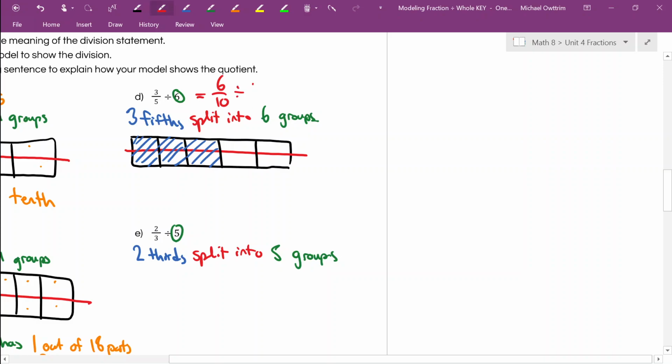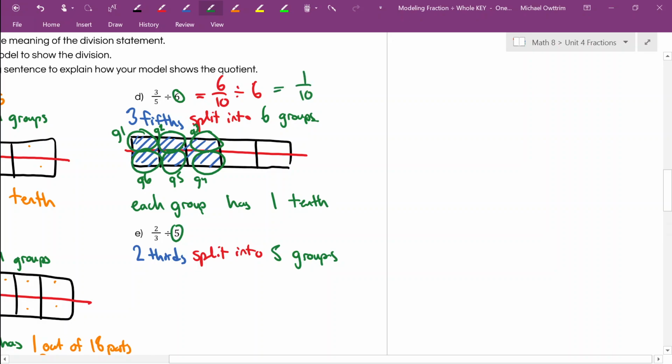Divide by 6. And when we make our 6 equal groups, we are going to have 1 out of 10 in each group. And so we can say our quotient is 1 out of 10.